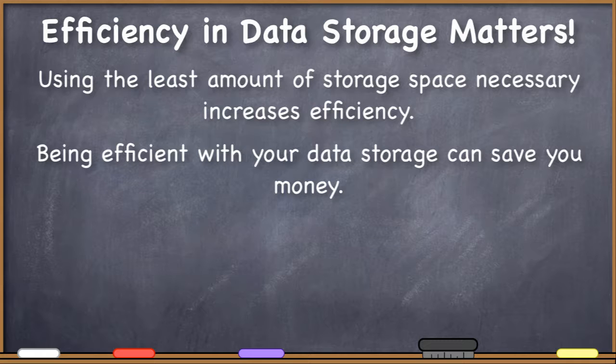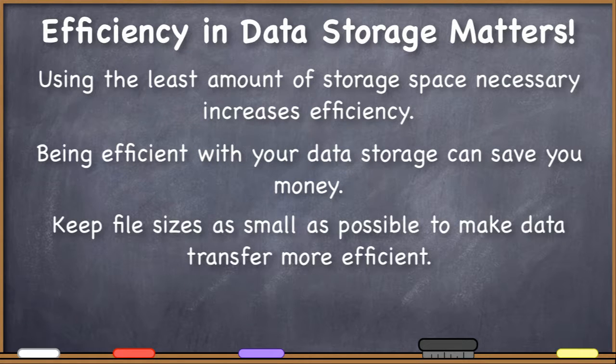Likewise, if you're trying to transfer data from one place to another, from server to server, or from a server to a computer as a web page, or from a server to someone's cell phone, the smaller the file size, the better. Smaller files transfer faster than large ones, so why send a large file along a network when a smaller file could have contained the exact same information? Being very efficient in how you store data can be a big help in these circumstances.